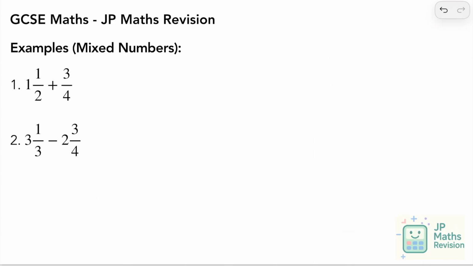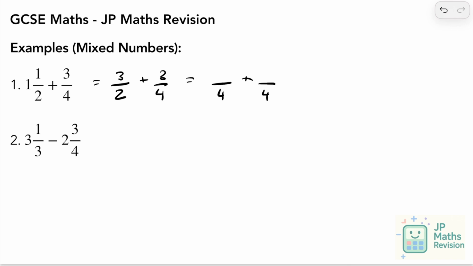So here are some more examples. These examples involve mixed numbers. When we add and subtract mixed numbers, I think it's best to put them both as improper fractions. So 1.5, if we turn that into a top-heavy fraction or an improper fraction, I have to do 1 times 2, which is 2, and then add the 1 from the numerator, which is 3. So we have 3 halves in total, and then we're adding 3 over 4. The common denominator of 2 and 4 is going to be 4, because both 2 and 4 go into 4.